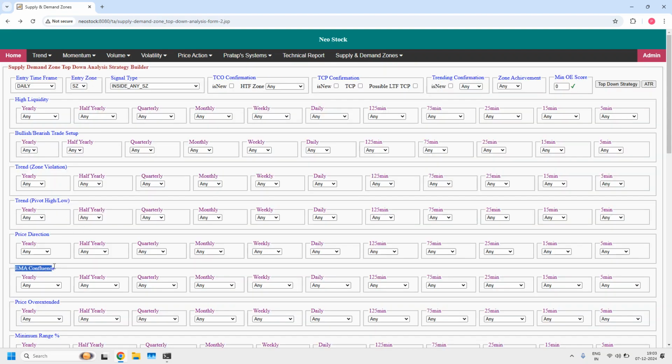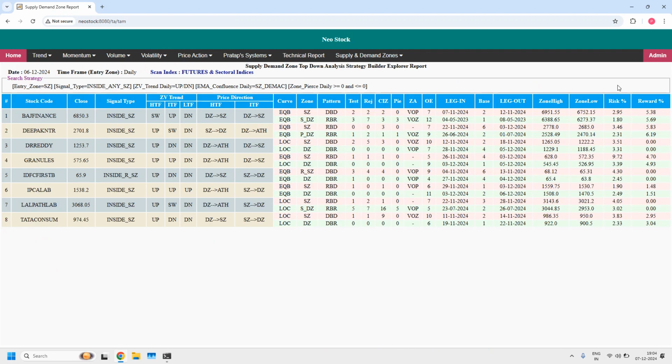So in the EMA confluence parameter at daily time frame, I am enabling the filter daily supply zone having daily EMA confluence. And EMA confluence makes sense only in the trending market, not sideways. That's why in the trend parameter at a daily time frame, I am using up or down, but not sideways. Now let's filter the stocks. We got only 8 out of 40.